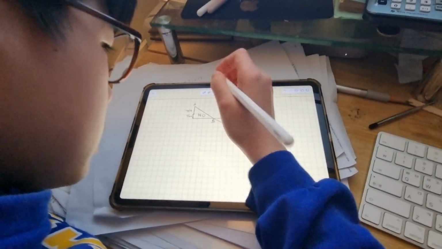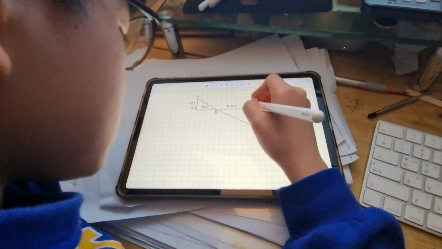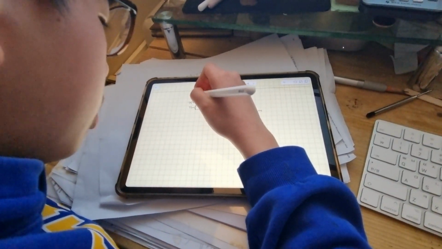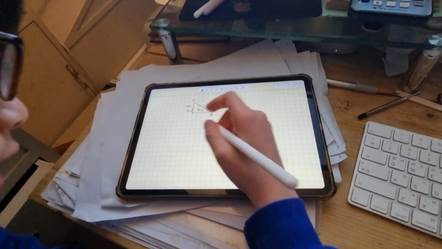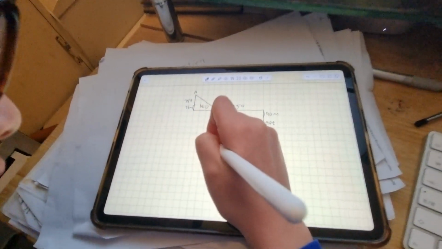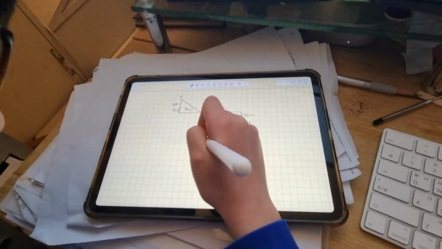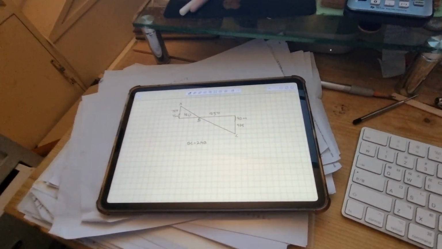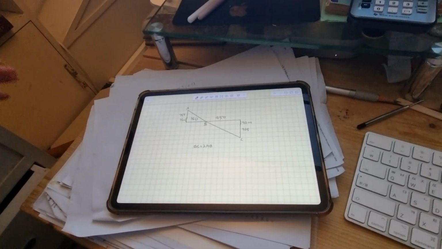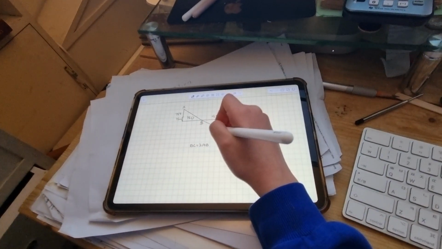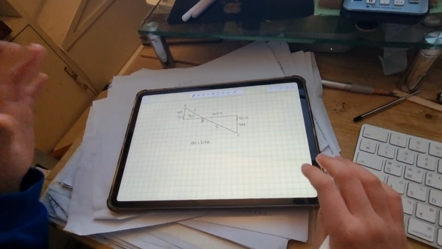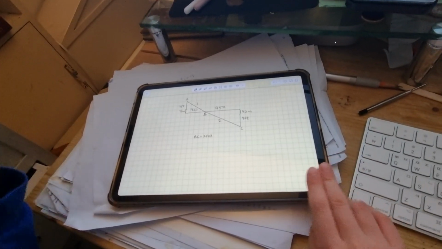Now let's put this as A and this as C, because these are not really important coordinates anymore. So now you can see BC equals 2AB. That's the case we're trying to find, where BC is 2 and AB is 1. But 2 and 1 is just the ratio, not the actual numbers, so be careful with that.